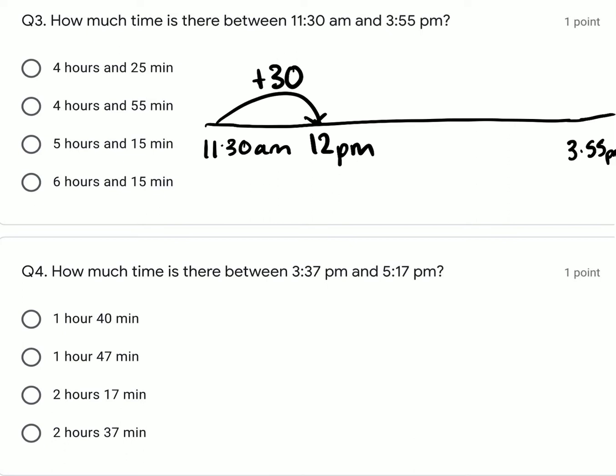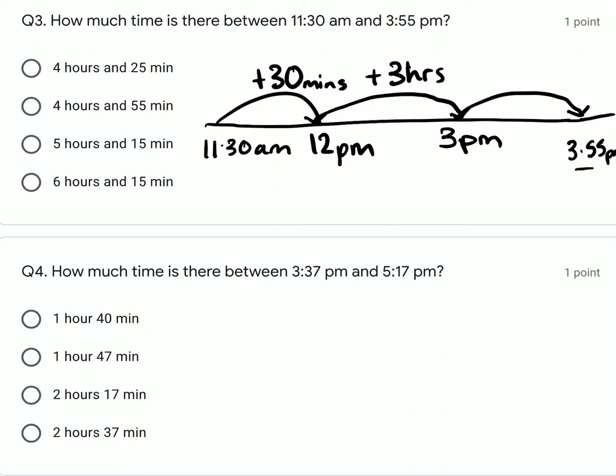Then we want to get to 3:55 p.m. over here. So let's take it to 3 p.m. Let's just work in hours. So 12 p.m. to 3 p.m., that's a difference of 3 hours. Oh, sorry, this was minutes over here. Should write that in. And then from 3 p.m. to 3:55 p.m., that's pretty easy. It's just a difference of 55 minutes.